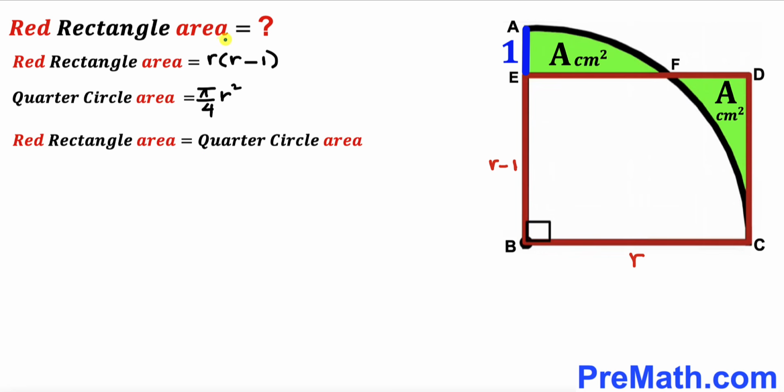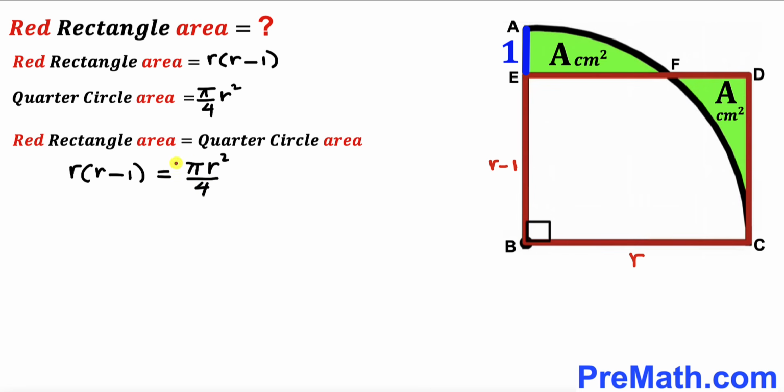We know our red rectangle area is r times r minus 1, whereas the quarter circle area is pi divided by 4 times r square. Let's go ahead and fill in the blanks in this equation: r times r minus 1 equals pi r square divided by 4.